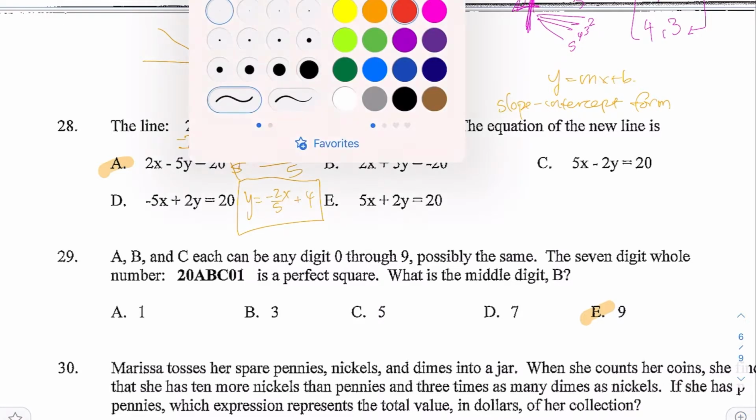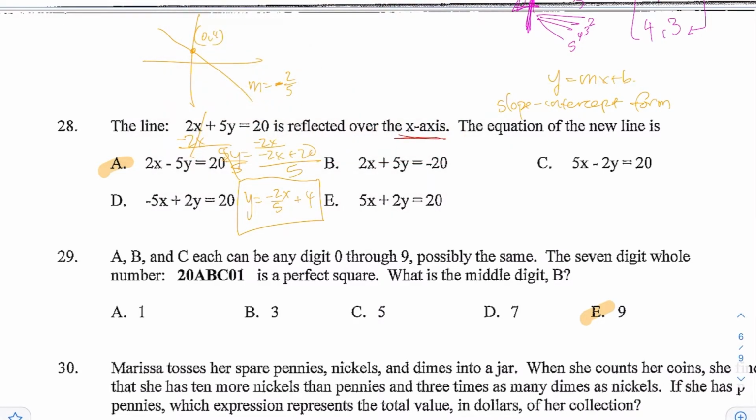Now, when you flip this over, the x-axis is here. This is your mirror, and this would go this way. So now your y-intercept will be (0, negative 4), and then your slope will actually be swapped as well. So we have to find the slope of this new line.